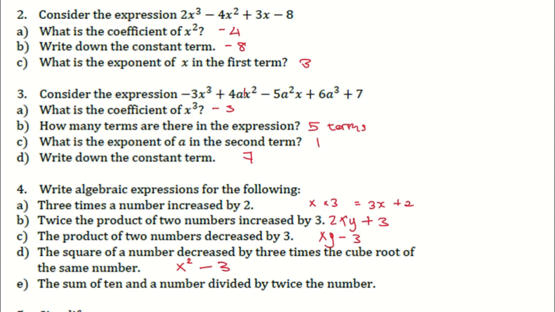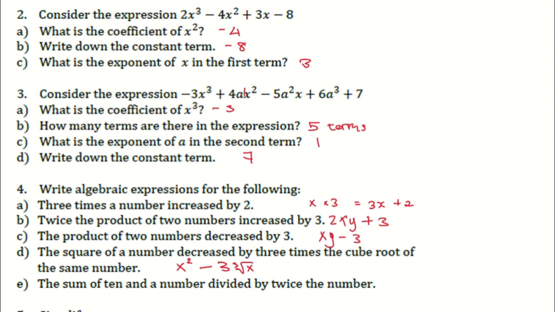But what are we multiplying by 3? The cube root of the same number, and the number there is x. So that means x squared minus 3 times 3 minus 3 times cube root of x.